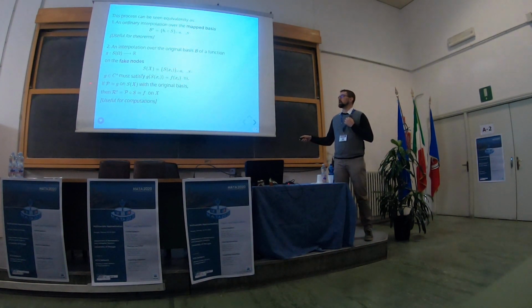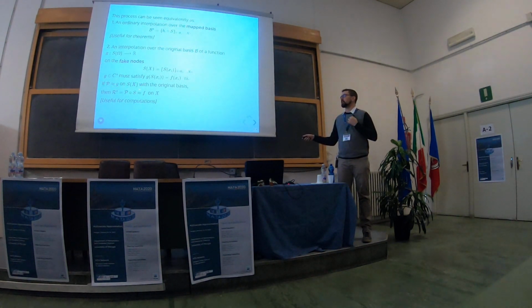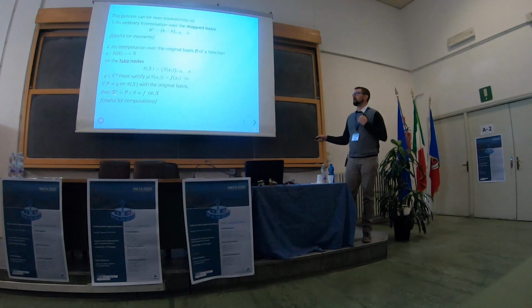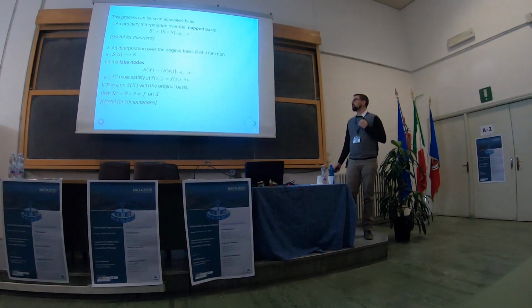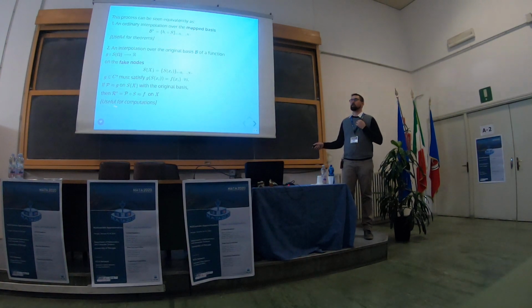So if p interpolates g on fake nodes with the original basis, this means that R, which is p composed with S, interpolates f. The second way is more useful for computation, and you see it in the code. I'll show you.